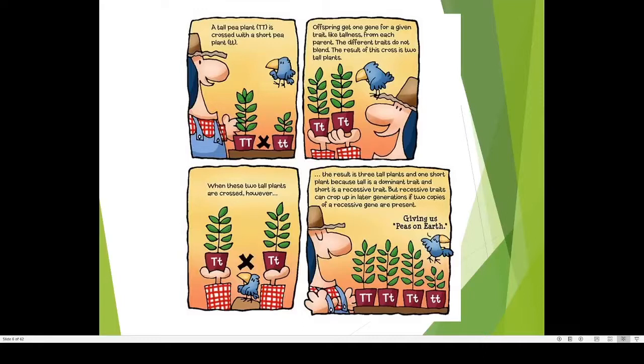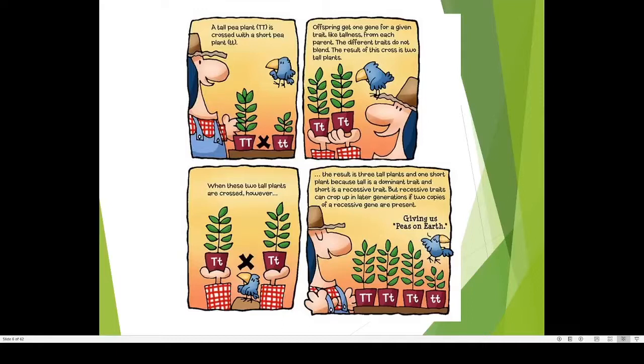When these two tall plants are crossed, however, the result is three tall plants and one short plant, because tall is a dominant trait and short is a recessive trait. But recessive traits can crop up in later generations if two copies of a recessive gene are present.